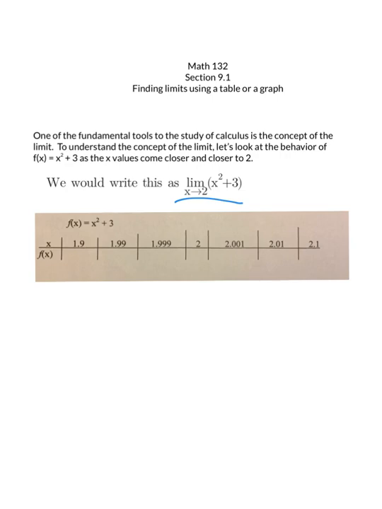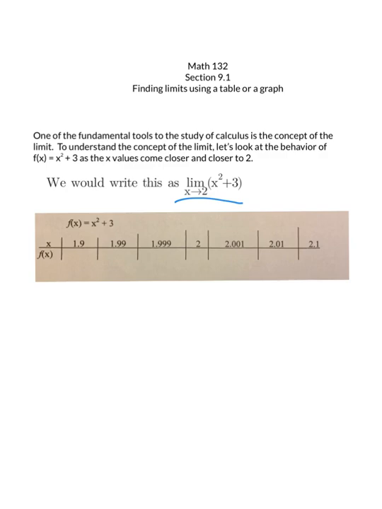And if you think about the left side of 2, you are coming from 1 to 1.5 to 1.9, 1.99, 1.999. Notice that the number that is the closest to 2 is what gets written next to 2 in the table.